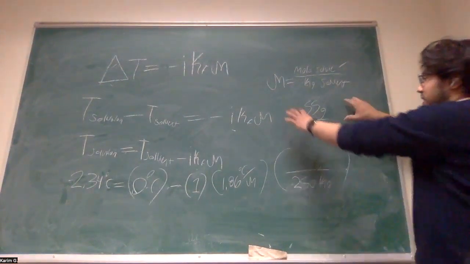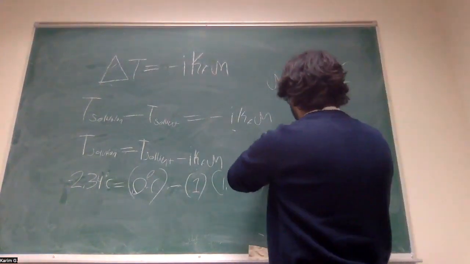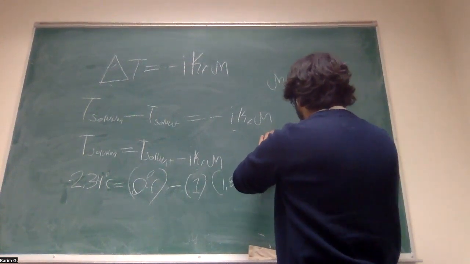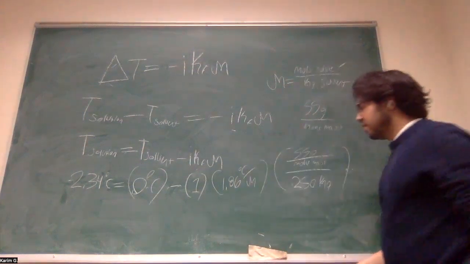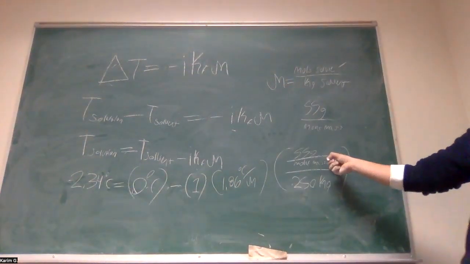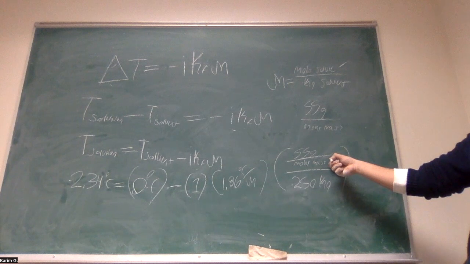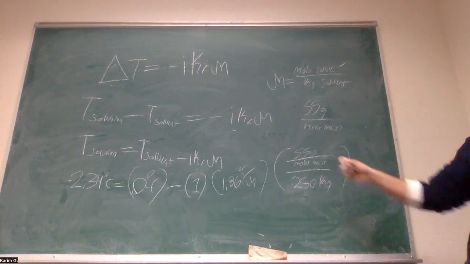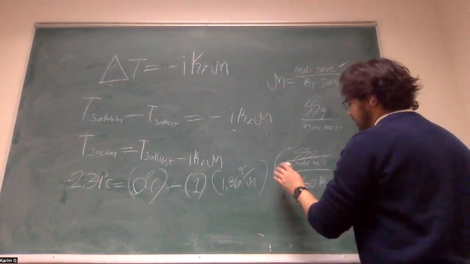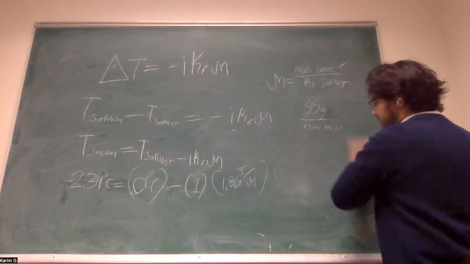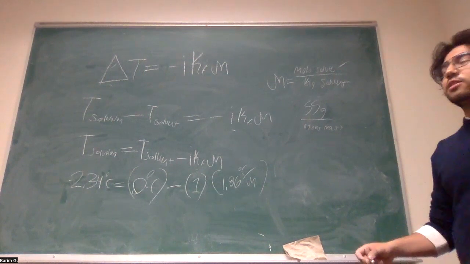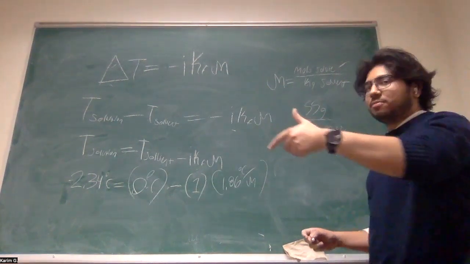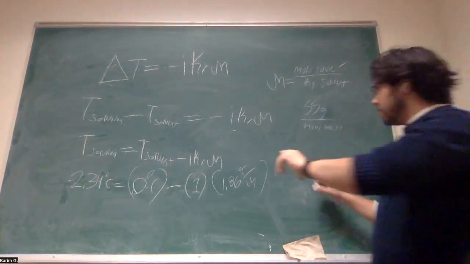So you would plug this in here and treat the molar mass as X. So basically what we have to do is expand this. When you're dividing by a fraction, it's keep, flip, change.